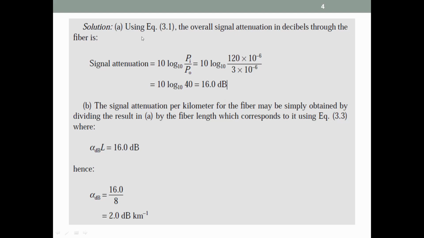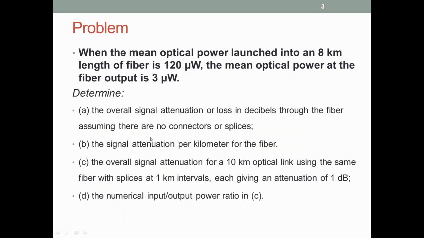So for 8 kilometers, 16 dB is the loss. For 1 kilometer, for 8 kilometers it is 16, for 1 kilometer it is 2, which is quite easy to calculate, divided by 8, because alpha is nothing but 16 dB by L. So this is quite an easy task you can perform for calculating both A and B.